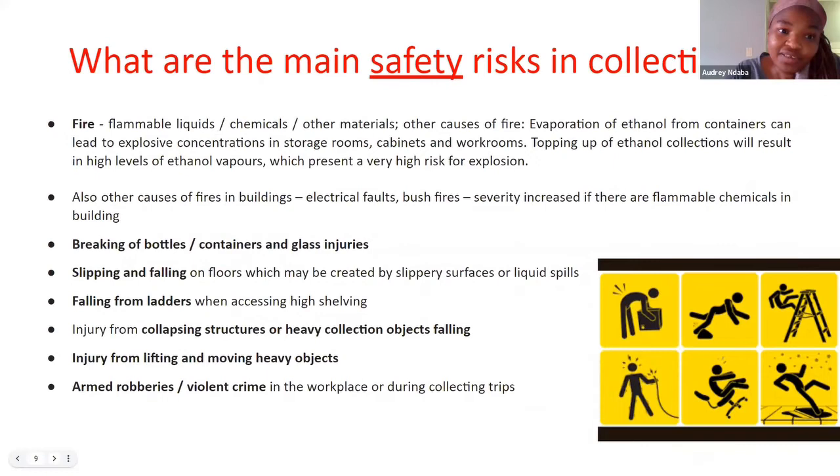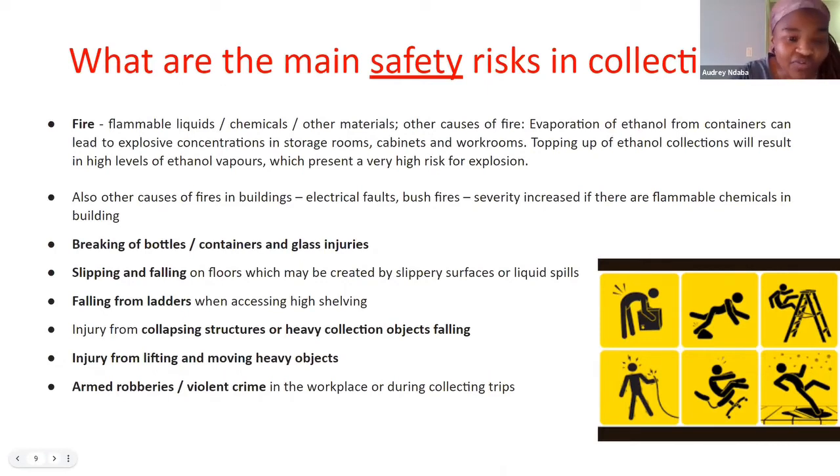So what are the main safety risks in collections? Fire has always come up as one of the risks. Someone was asking me if their building has fire as a risk. I said, as long as there are people in the building and you have electricity, you are guaranteed to have fire as a risk.